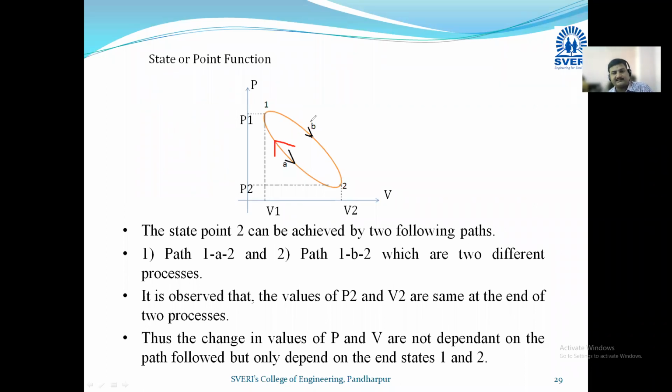So here the thing is clear to you people that if you change the process, if you change the path, then also the final value of the defined state is not going to change at all. तुम्ही मार्ग बदलले तरी स्टेट 2 च्या ज्या व्हॅल्यू आहेत किंवा स्टेट 1 च्या ज्या व्हॅल्यू आहेत त्या बदलणार नाहीत. Means when you are defining the values of the different states, at that time path doesn't matter.